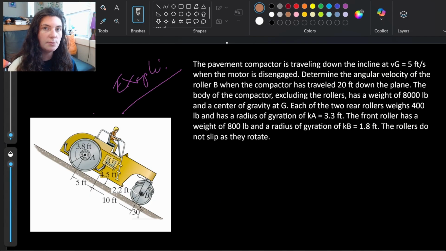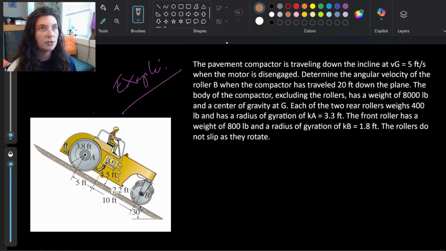All right, so for our last problem today, we have a pavement compactor that's traveling down an incline at a velocity Vg equals 5 feet per second when the motor's disengaged. Determine the angular velocity of roller B, so that's our front wheel there, the one that's more to the right, when the compactor has traveled 20 feet down the plane.